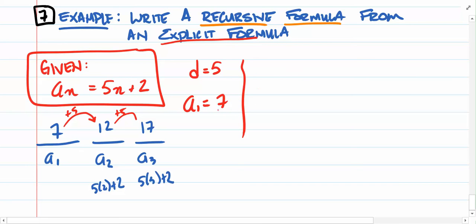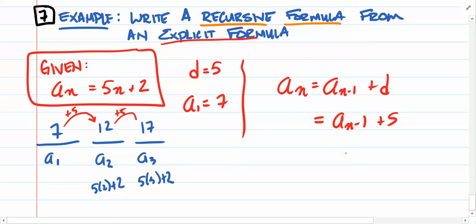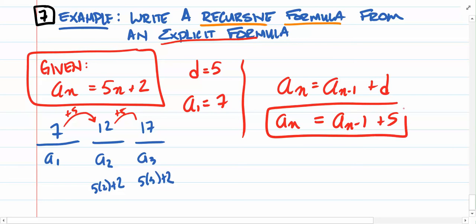So the very first term is 7, and the very next term in the sequence, a sub n, is equal to the term before it, a sub n minus 1, plus the common difference, which in this case is 5. So the recursive formula is a sub n equals the previous term plus 5. And the explicit formula is a sub n equals 5n plus 2. That was given to us.